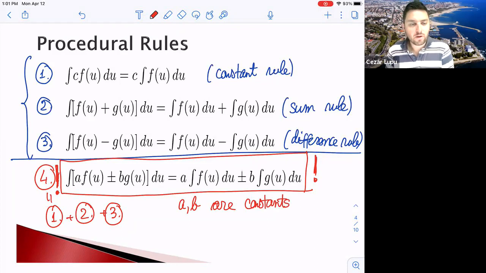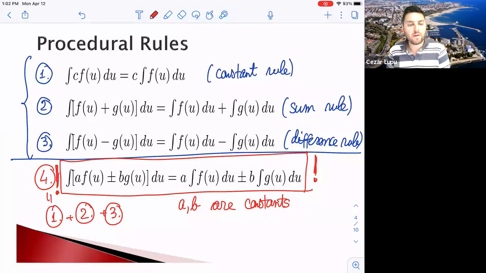Real constants. If you have a constant a multiplied by f, and another constant b multiplied by g, and you add them or subtract them, it doesn't matter, and you take the integral of this mess, it will behave very nicely. You take out the constants, then for both f and g you just add or subtract the two integrals multiplied by the constants.